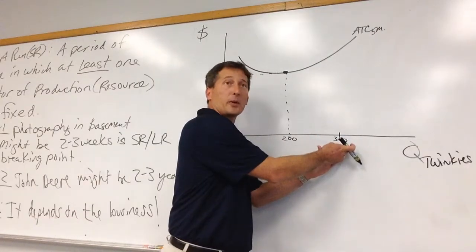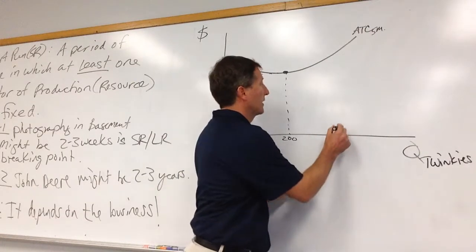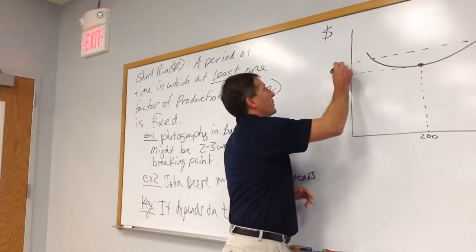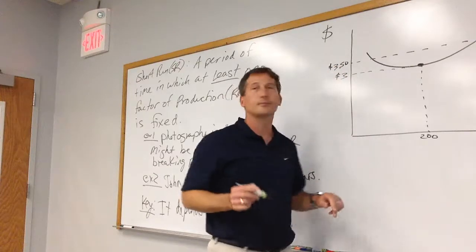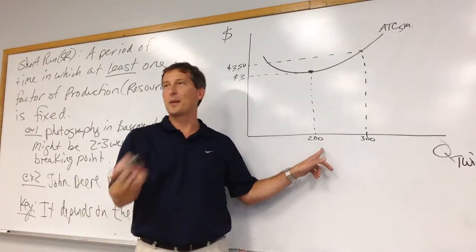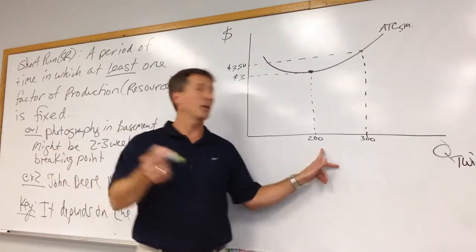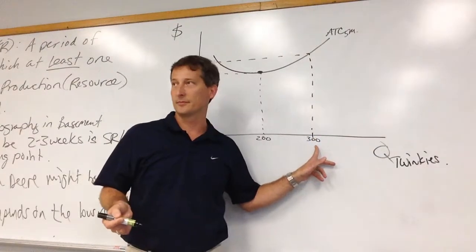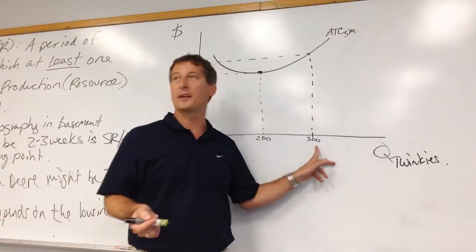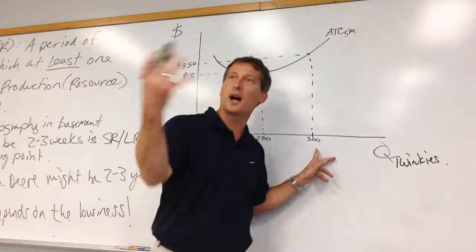We crank out the 300 Twinkies. Those 300 Twinkies are going to cost me the $3.50 that you were just talking about. Next week, production falls back to 200, no big deal. Next week, 300. Another week, 300. The economy's going good.